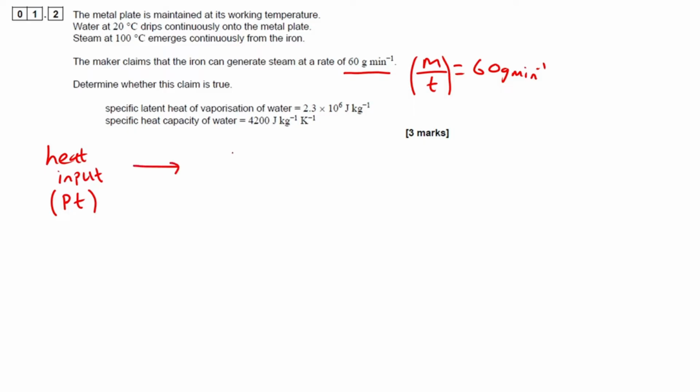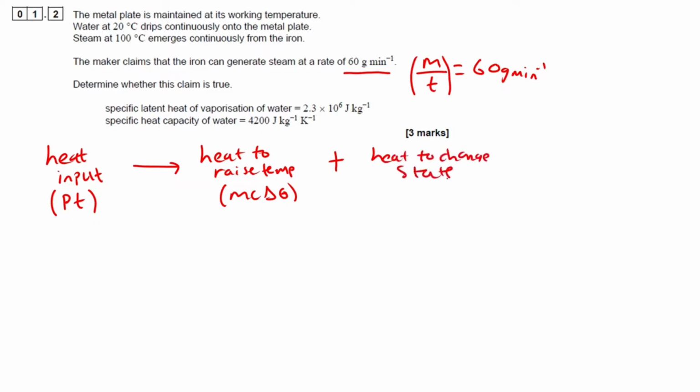That is converted to raise the temperature of the water, so heat to raise temperature, and we know the equation for that is mc delta theta, and this is all for the water. And then when it does raise the temperature to 100, any energy going in will then turn that water into steam, so that's the heat to change state. And we know from the equations that's ml.